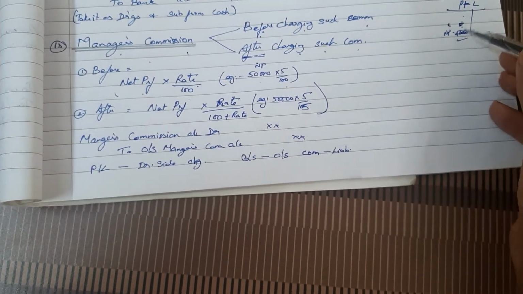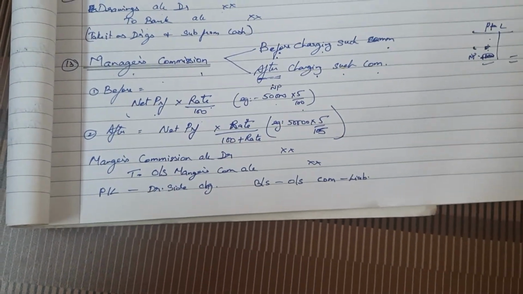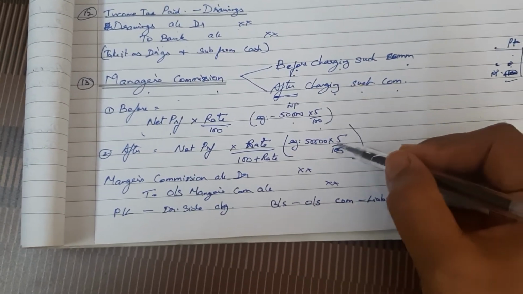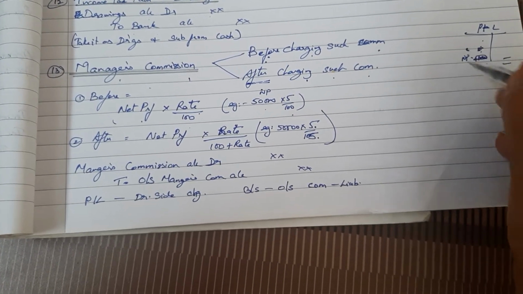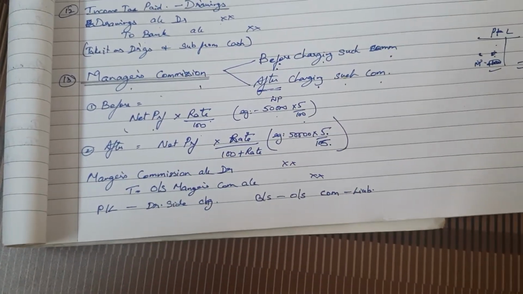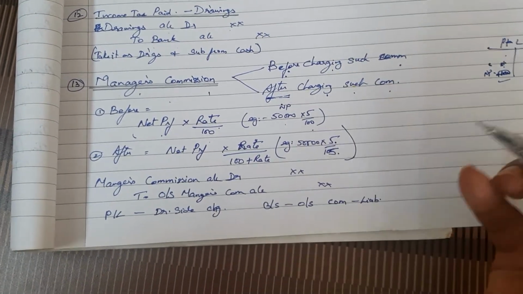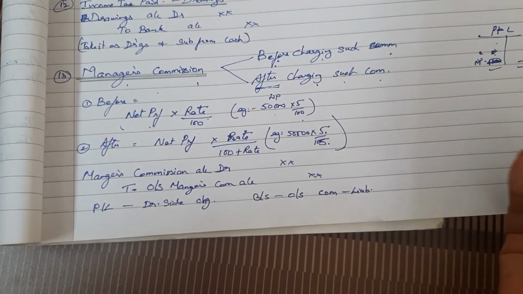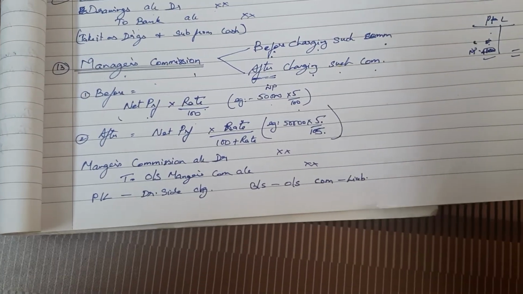But we don't know both the amounts, right? We don't know what is the commission and we don't know what is the net profit. So in such a case, what will we assume? We will assume 5% on 105 rupees, because the total including commission is the net profit, because we don't know what is the commission amount. So you will take it 5 by 105. For example, suppose the net profit was 50,000, you will charge 5 by 105 and not 5% simply.